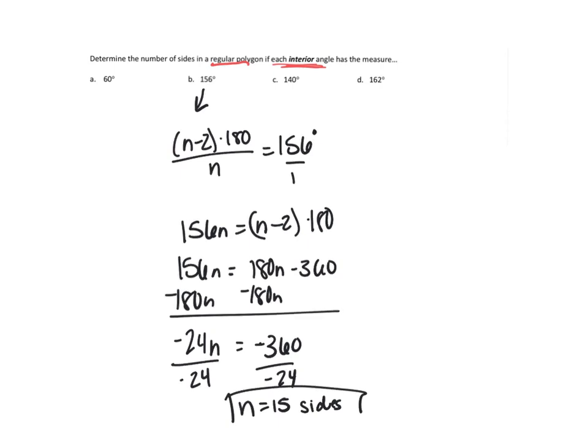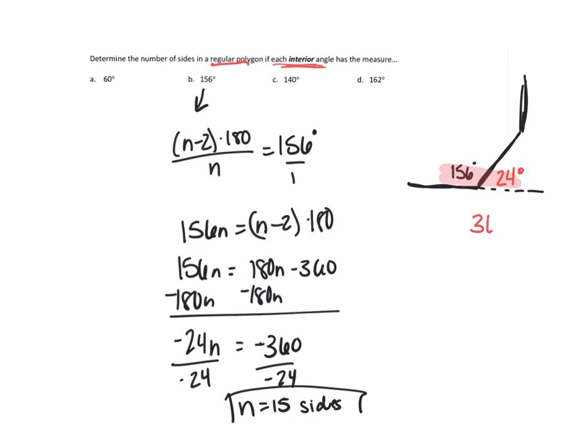My other method would be, I don't know what my shape looks like maybe, but I know that this interior angle, I'm just going to roughly sketch this out, this interior angle is 156 degrees. So if I extend that side, I know that my exterior angle plus my interior angle have to equal 180 degrees. So I can figure out that my exterior angle would have to be 24 degrees.